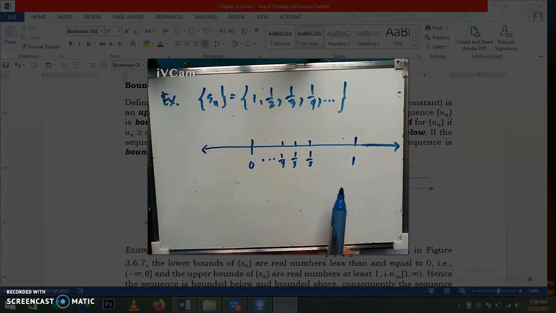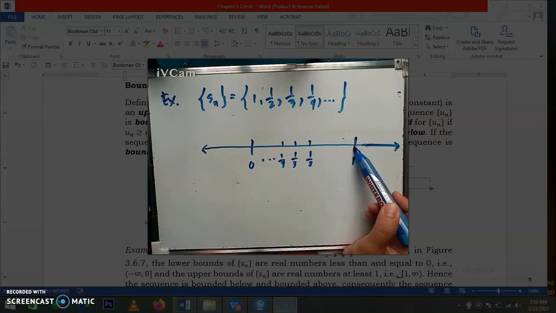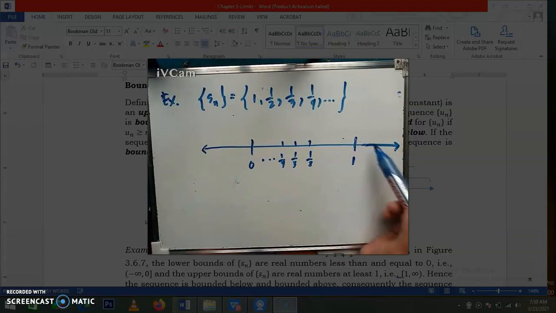Does this sequence have an upper bound? Notice that the largest number in the sequence is 1. Beyond this, 1 is not anymore part of the sequence. So therefore, the sequence is bounded above.